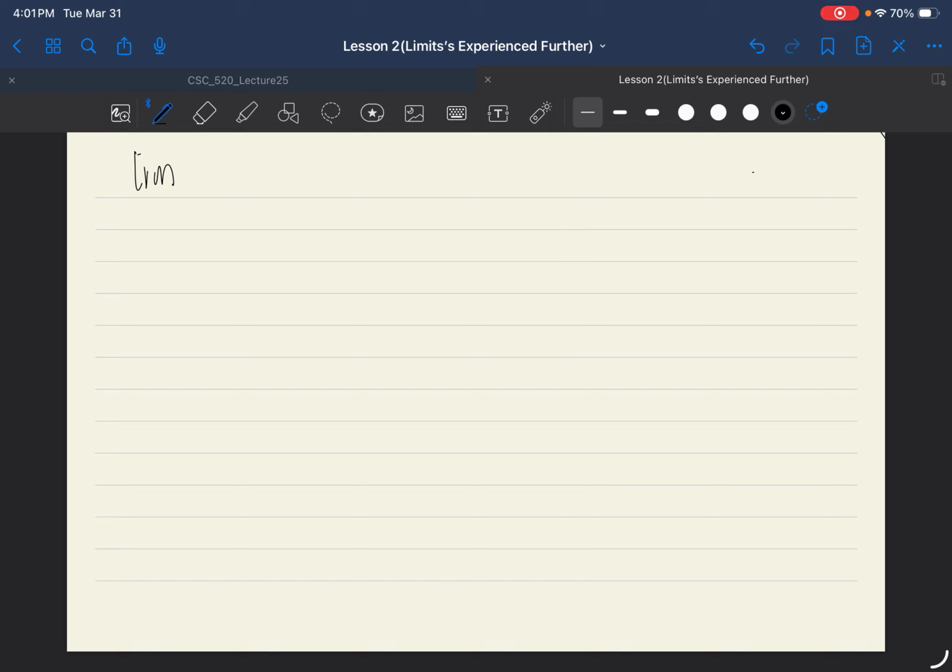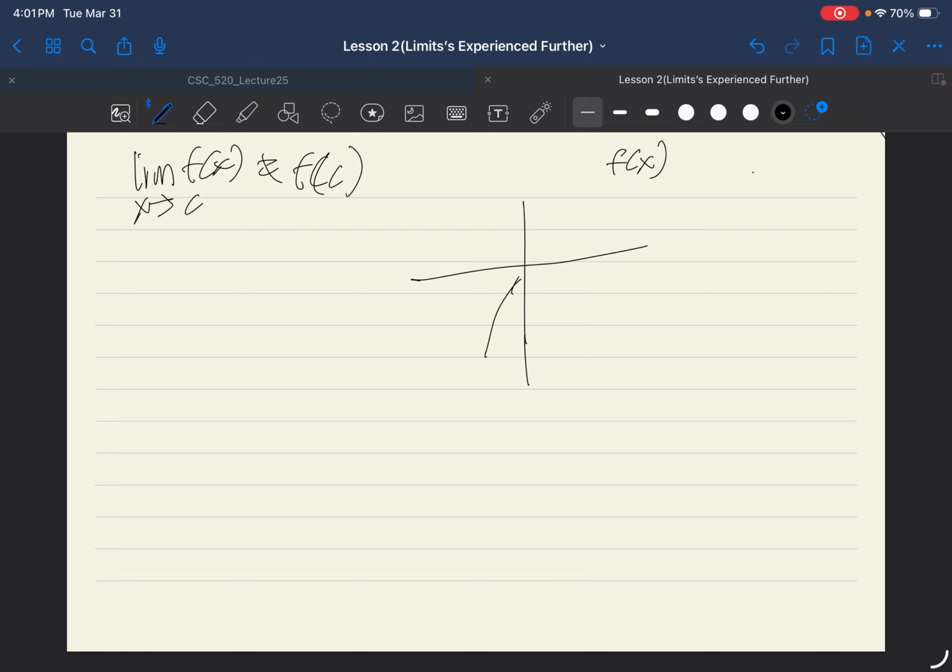It's a topic where the limit as x approaches a certain number c of f of x is not going to be equal to f of c. We've seen it in functions before, so we'll call this f of x. I hope you're familiar with multiple types of asymptotes, so this is a hole. This point is going to be 2.